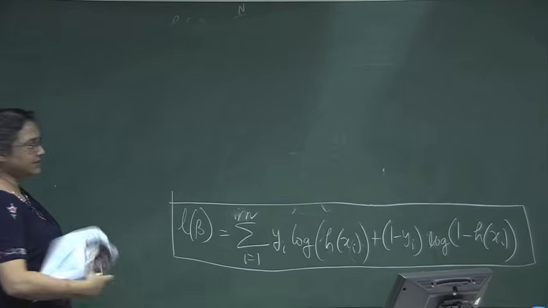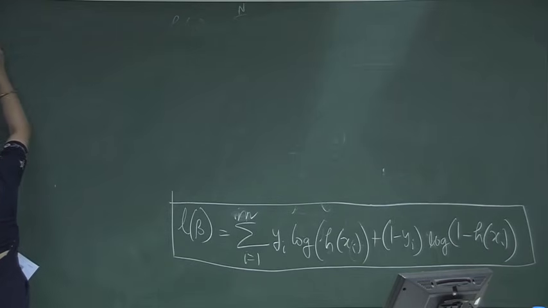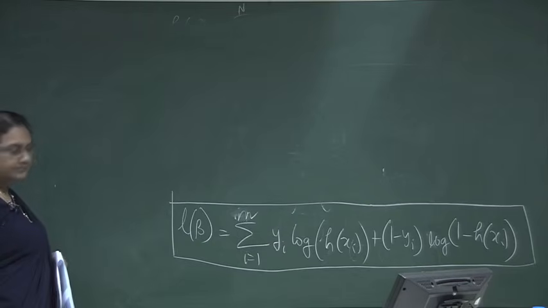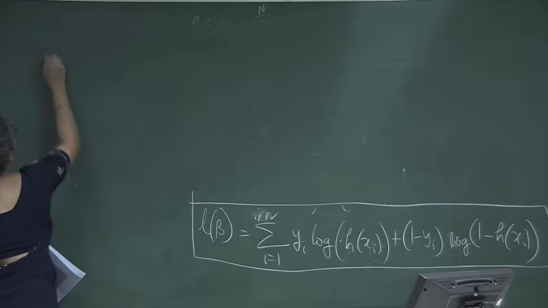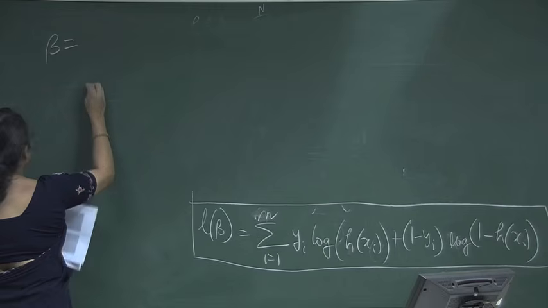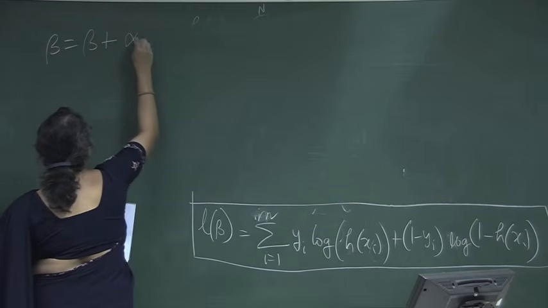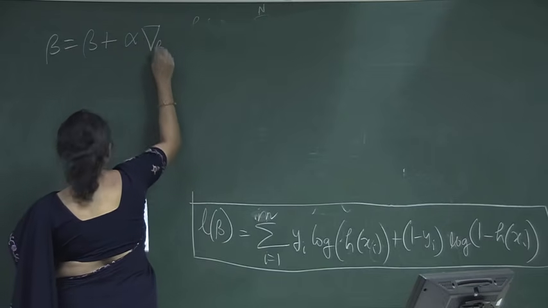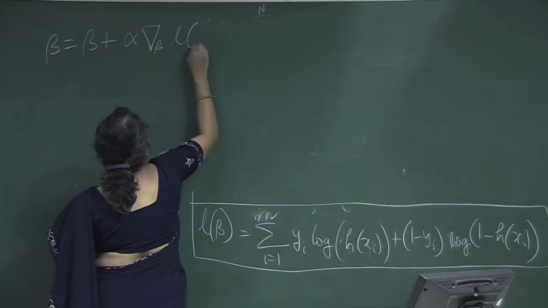What we will do is take the derivative of this function, and we will start with some initial value of beta, and we will update beta as follows: beta equal to initial beta plus alpha, where alpha is the learning rate, times the partial derivative with respect to beta of the log likelihood of beta.